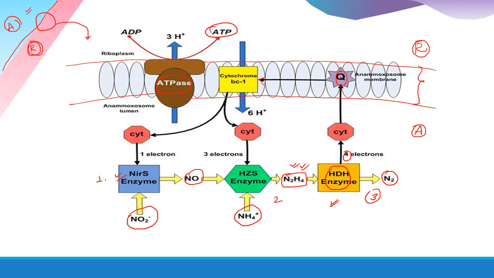And from the cytochrome bc1, the electron goes to a cytochrome, and this cytochrome then donates its electron to two different enzymes, nitrite reductase and hydrazine synthase.